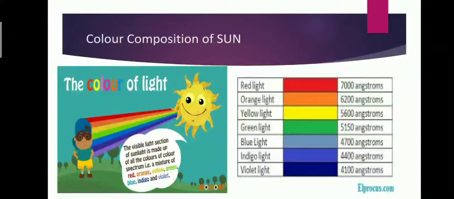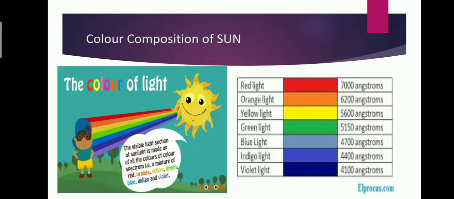Before that, we need to again study the color composition of the sun. You can look clearly that I have arranged the colors in a systematic order according to their wavelength. First comes red light, which has a wavelength of approximately 7000 angstrom units, that is 10 to the power minus 10 meter. Then it is followed by orange, yellow, green, blue, indigo and violet.